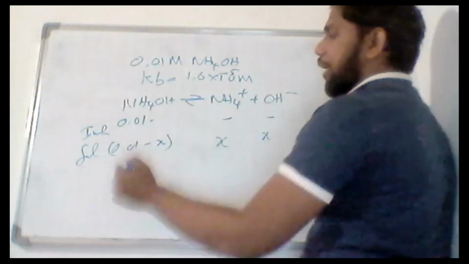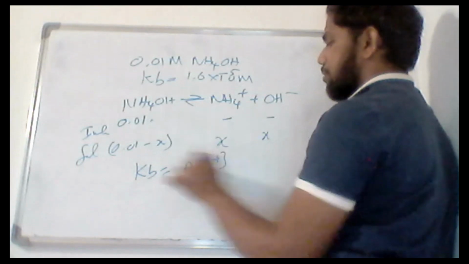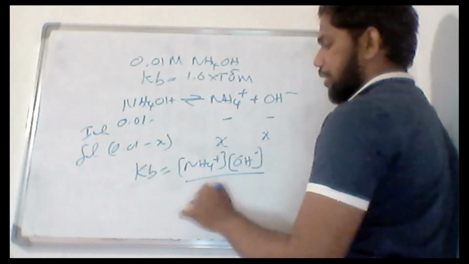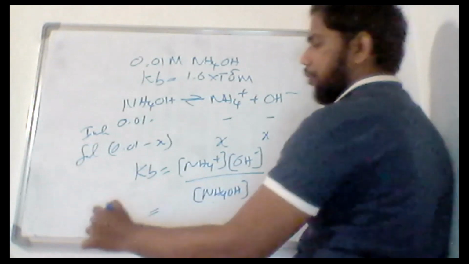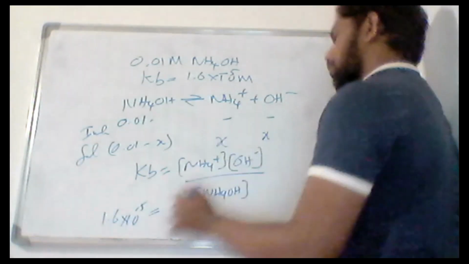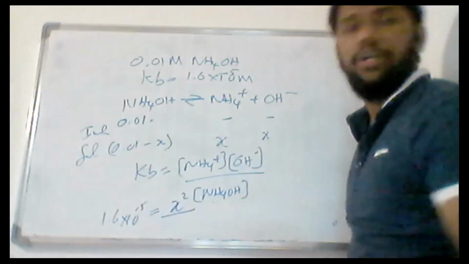According to the Kb equation, Kb is the NH4+ and OH- concentration over the NH4OH concentration, so 1.6 times 10 to the power -5 equals x squared over 0.01 minus x.